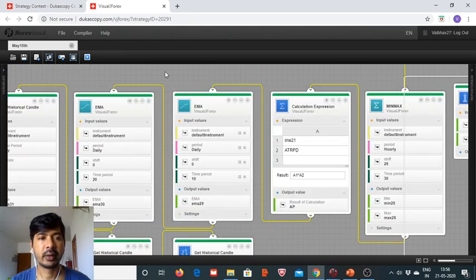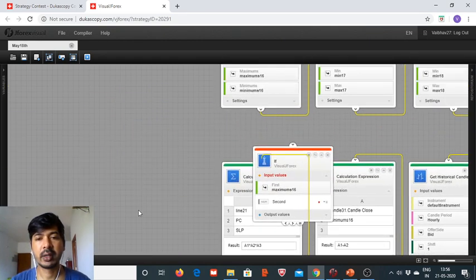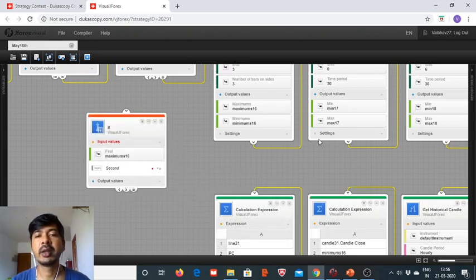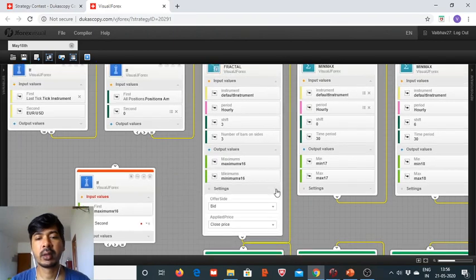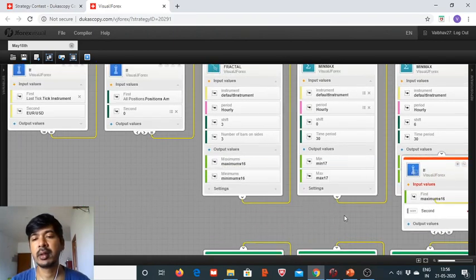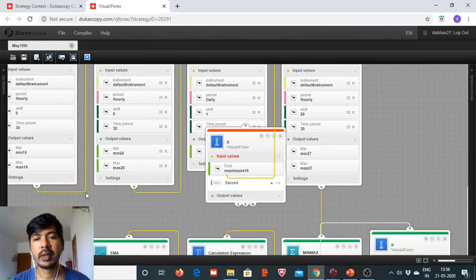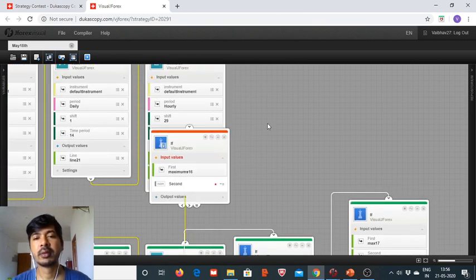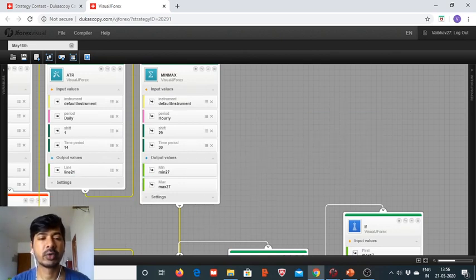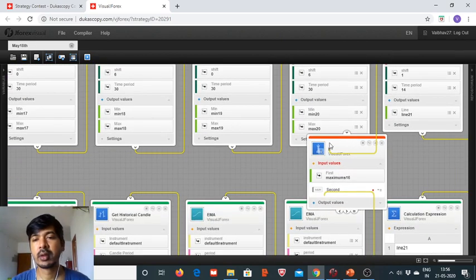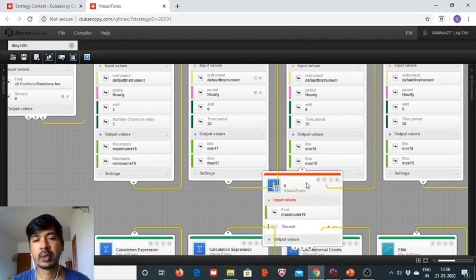Yesterday we had done this maximum 16 condition as well. Here we need to define it to make sure that the maximum 16 is less than the current maximum value, and so we take maximum 16 and it should be less than the maximum 17.